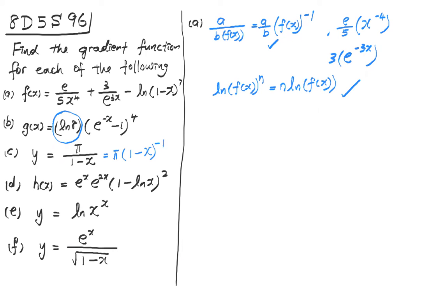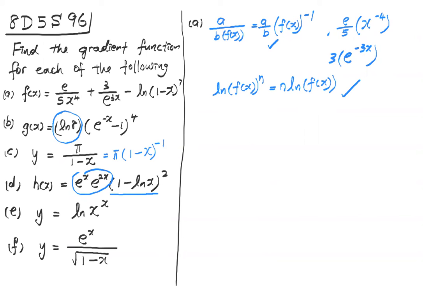Get it? Okay. If you want to use products rule, you must change it to products of 2 terms. So e to the power x times e to the power of 2x is e to the power of 3x. Then only you apply your products rule.